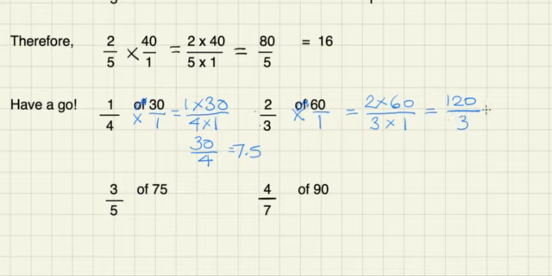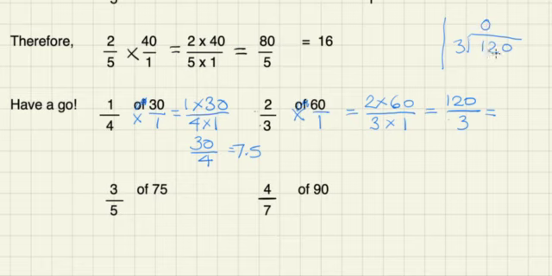And when you divide 3 into 120, again, you can do this as a bus stop method in the rough section. You can draw this out away from the main answer, because then it might get a bit confusing. So 3 goes into 1 no times.